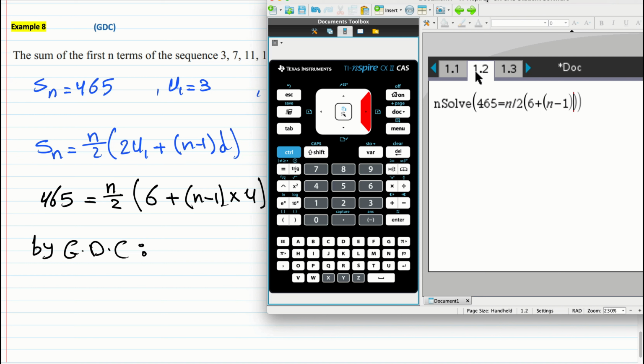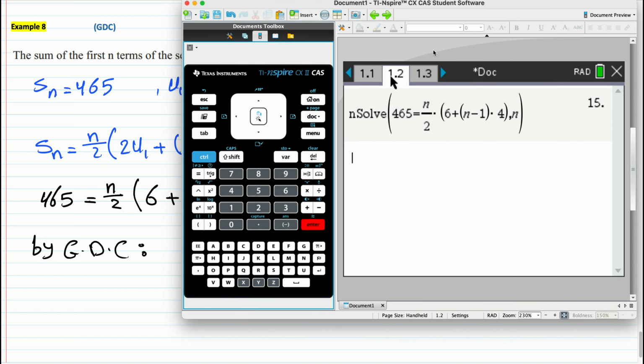Okay, here is the tricky part. You have to write multiply on the GDC to evaluate it correctly. Okay, and outside the bracket, solve comma, solve for n. Click enter. You should have the answer 15.